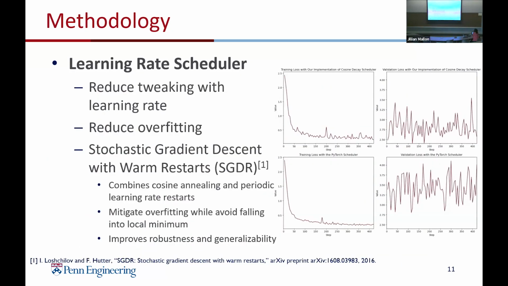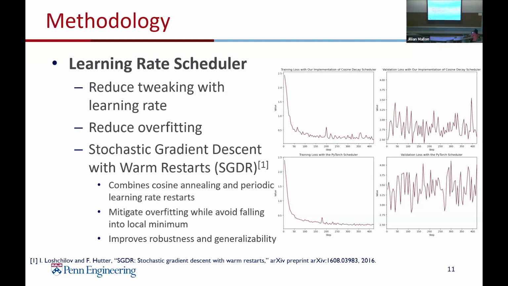In order to have a good balance between overfitting and a good fit of the demonstration data set, we implemented a learning rate scheduler called SGDR, which stands for Stochastic Gradient Descent with Warm Restarts, which combines cosine annealing with periodic learning rate restarts.